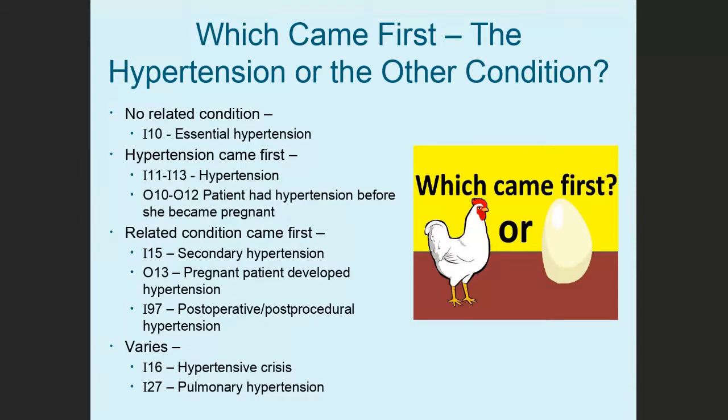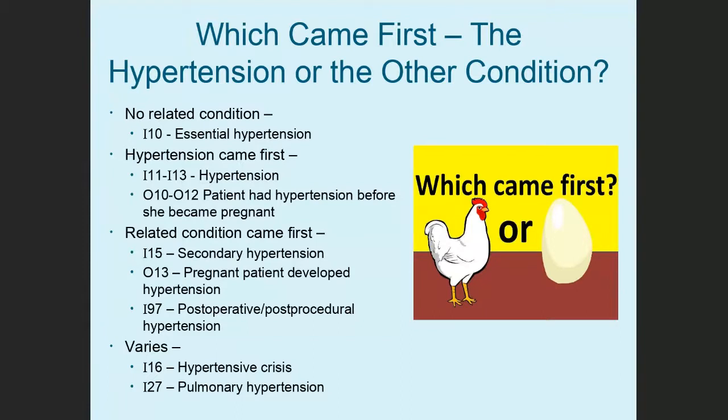So, much like the question, which came first, the chicken or the egg, in most cases you need to determine whether the hypertension or the condition related to the hypertension came first. If there's no related condition, you use I10, essential hypertension. If the hypertension came first, causing another condition, you use a code from categories I11 to I13 or O10 to O12 for pregnant patients.